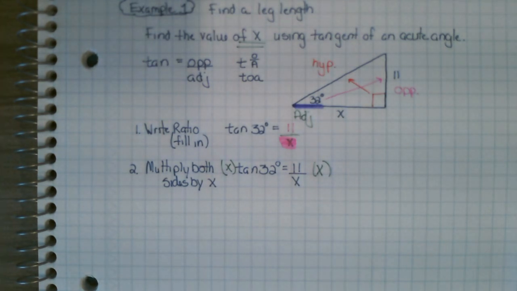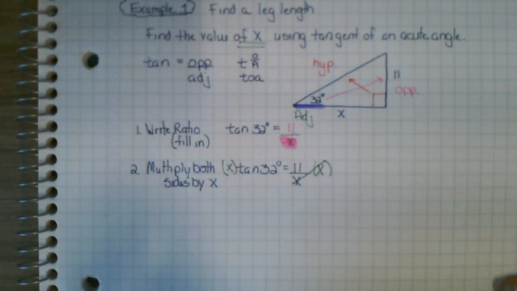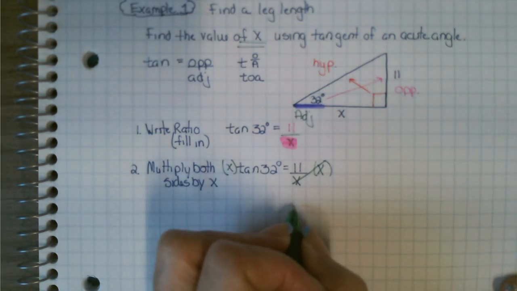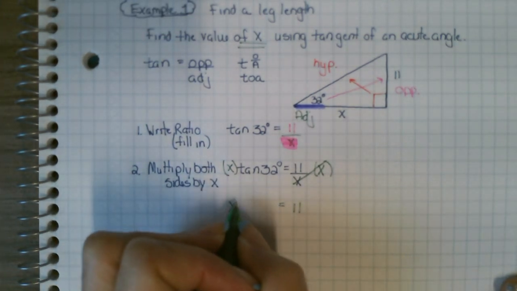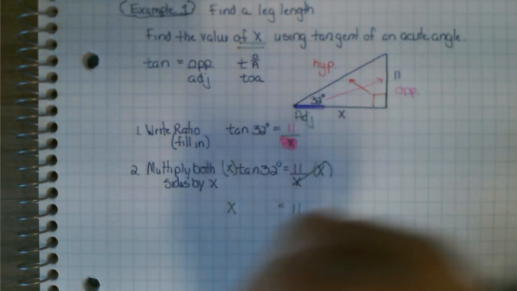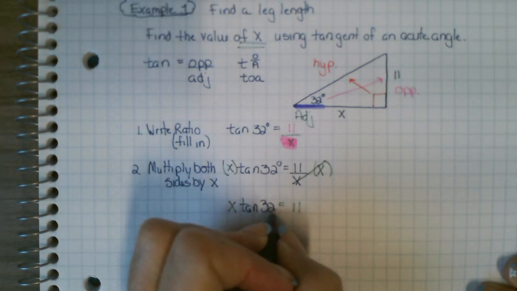When I do that, I'm going to have the X disappear on this side and leave me with just 11. Then I have X and I have tan 32 degrees.